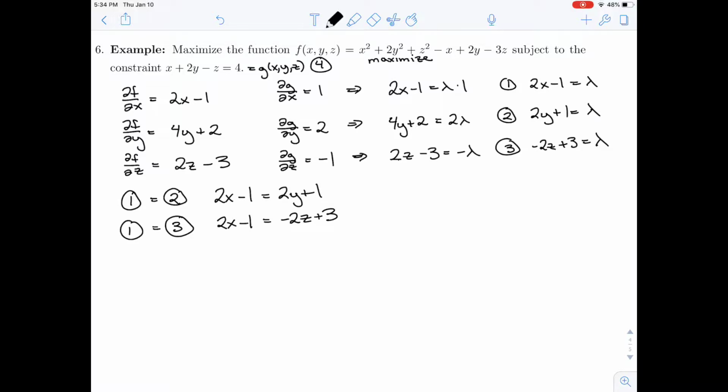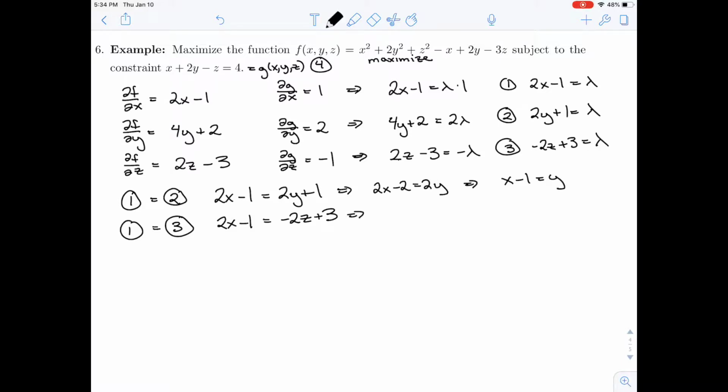So I see that 2x minus 2 is equal to 2y, so that x minus 1 is equal to y.